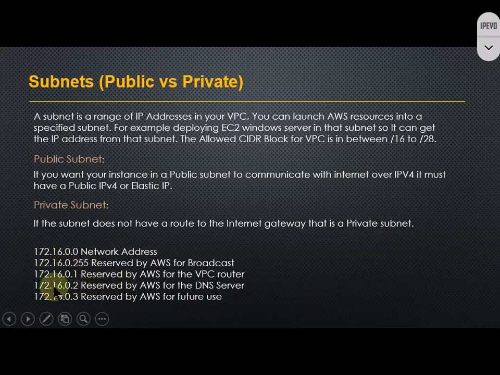Then we have 172.16.0.1, 0.2, 0.3. 0.1 is reserved for the VPC router, 0.2 is reserved for the DNS server, and 0.3 is reserved for future use. So apart from these, the range from .4 all the way to .254 we are going to use for our hosts or servers or these kinds of devices.